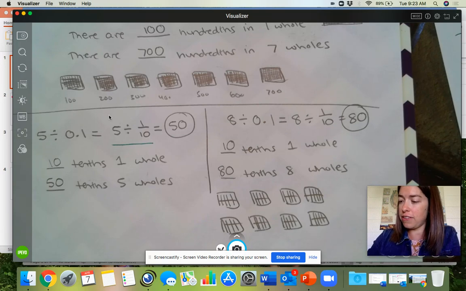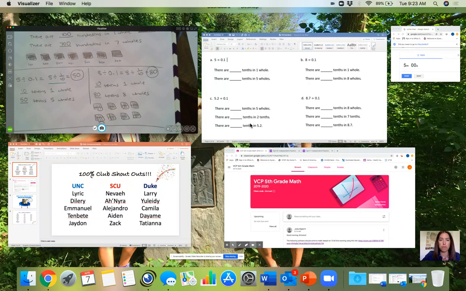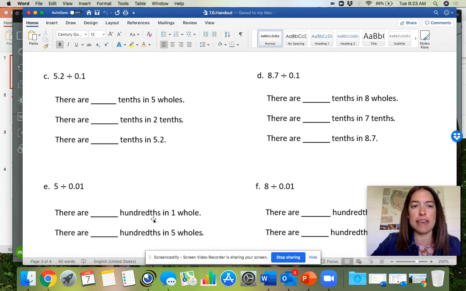You should know exactly how to set up your paper. You are trying C and D on your own.